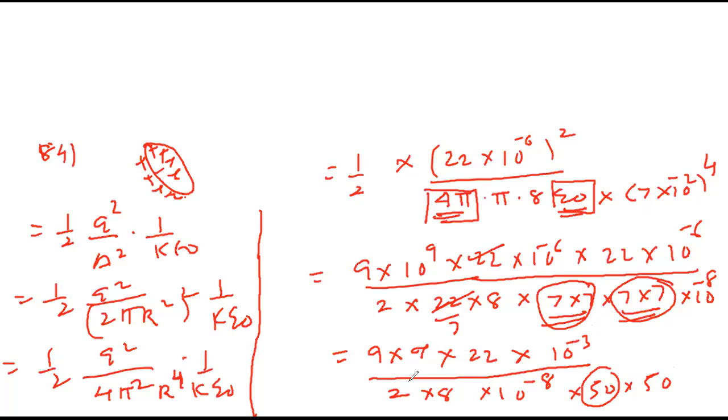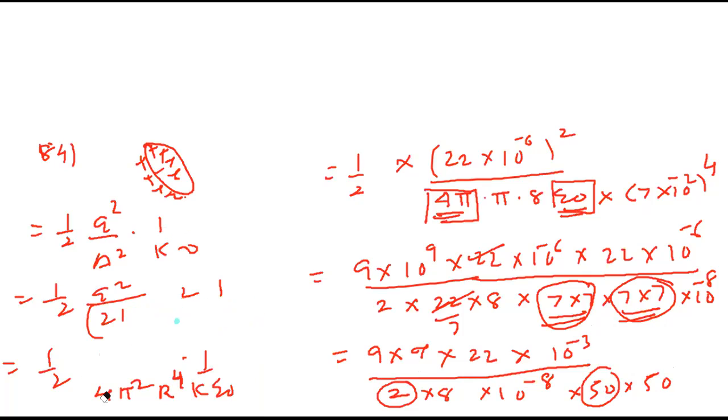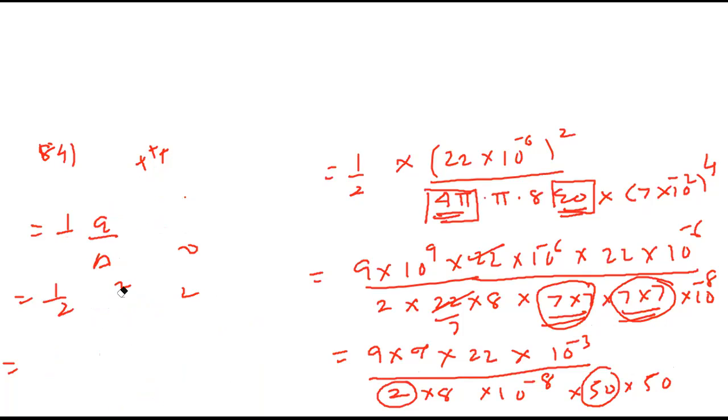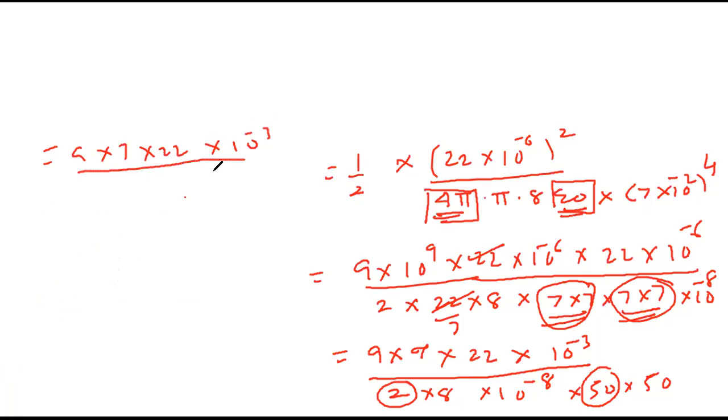50 into 2 is 100. 50 into 8 is 400. 9 into 7 into 22 into 10 raised to minus 3 upon 2 into 50 is 100 into 400 into 10 raised to minus 8.